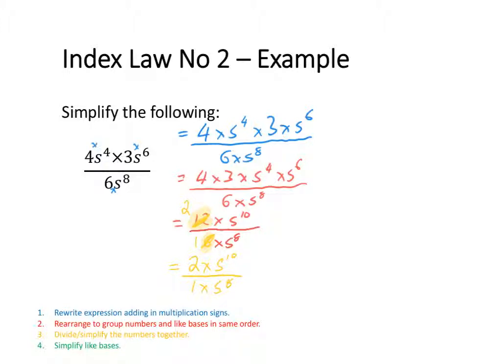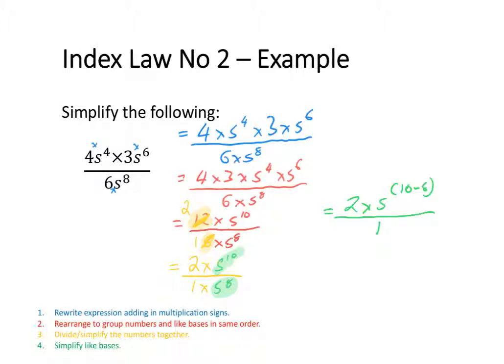The final step is to simplify my like bases using the second index law. In my numerator, I've got an s to the power of 10, and in my denominator, I've got an s to the power of 8. That simplifies by subtracting my indices because I'm dividing with the same base. Using the second index law, that becomes 2 times s to the power of 10 minus 8, divided by 1.